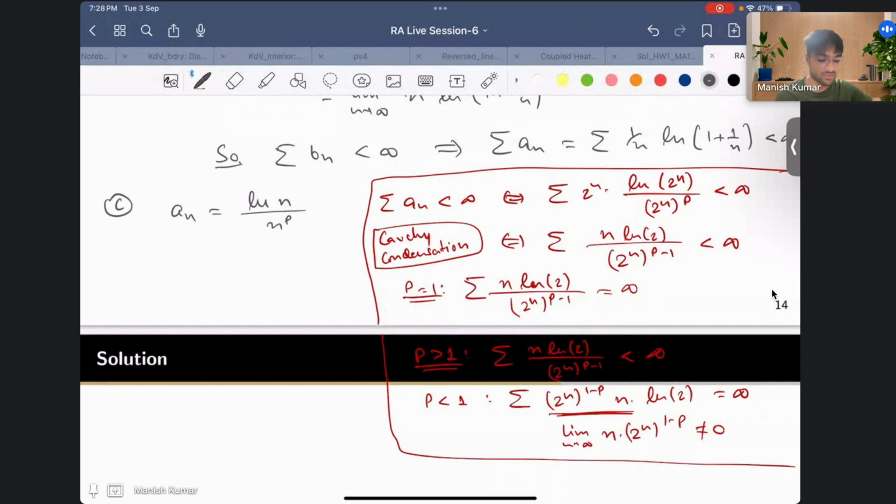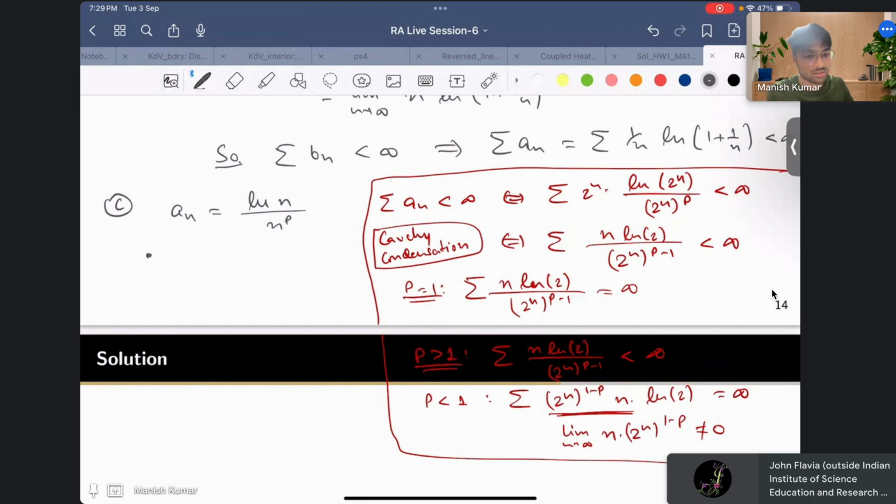So in the same way, depending on the value of p, one should expect bn. If p is equal to 1, what will be the bn? If p is greater than 1, what will be the bn? If p is less than 1, what will be the bn, right? Okay, so we'll try to find bn depending on the value of p. So let us begin with one of the cases.